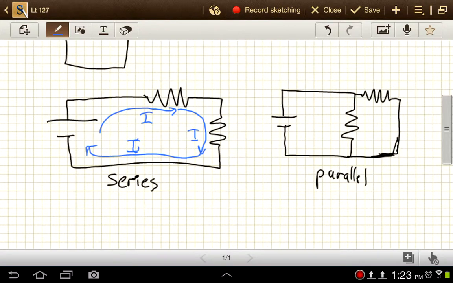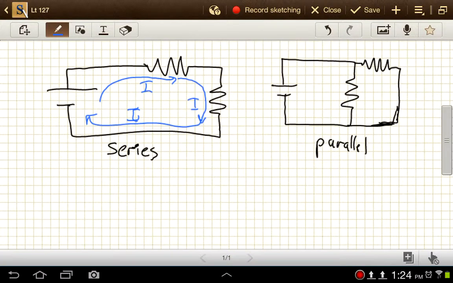What makes this one parallel is that our current runs this direction, and then it splits into two paths, and some of our current runs down like this, and I'm going to call that I1, and some of our current runs this direction. I'll call that I2. Our current splits up into two different paths. It's like if we had a stream that splits into two smaller streams.